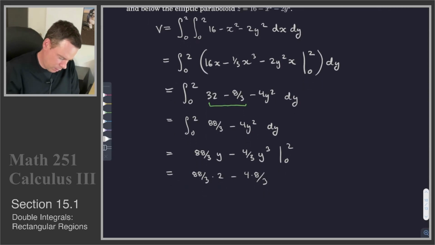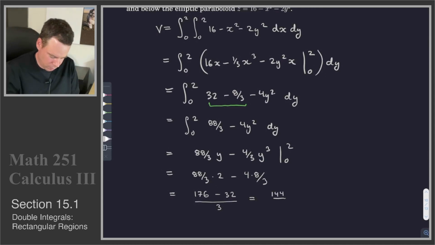Okay, so this becomes then 2 times 88, that's 176/3, minus 4 times 8, so that's minus 32, all over 3. So that becomes 176 minus 32, which is 144 over 3. 144 over 3, that is 48.